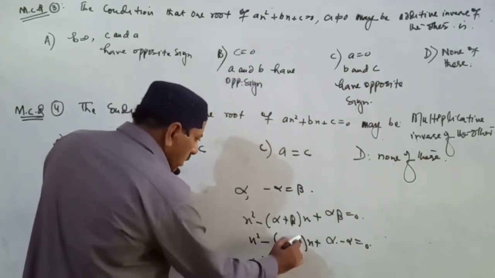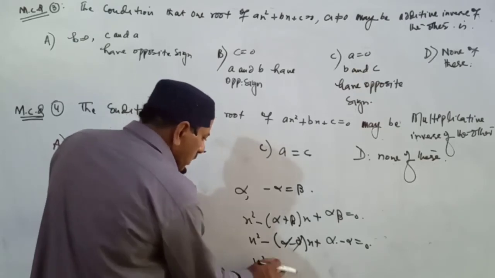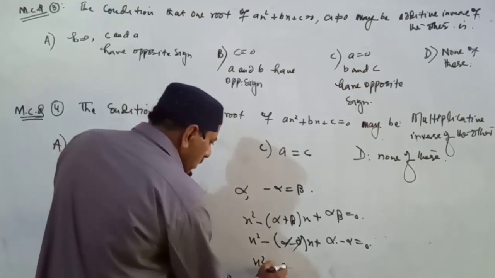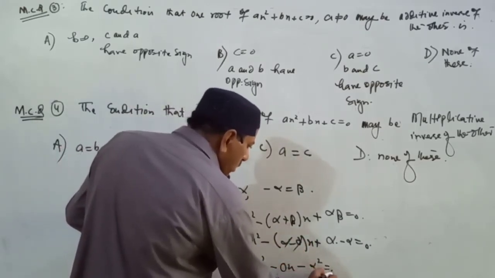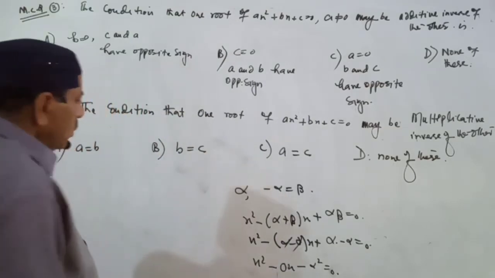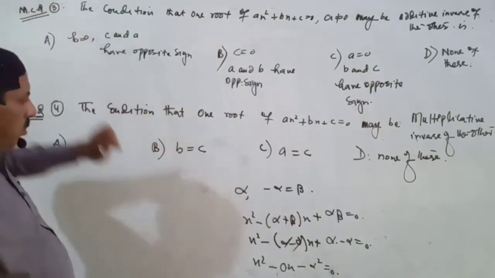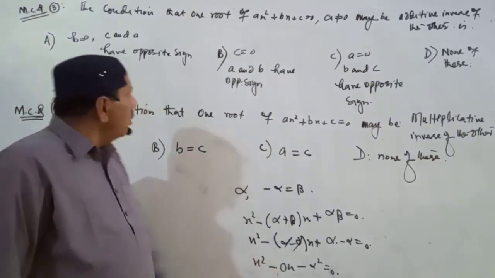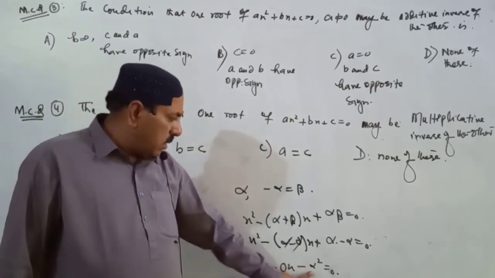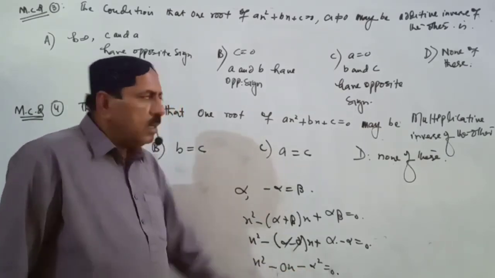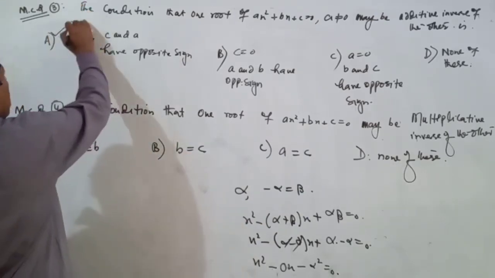So x square plus or minus 0x minus alpha square is equal to 0. So you can say that b is equal to 0, and c and a have opposite signs to each other. So option a is correct.